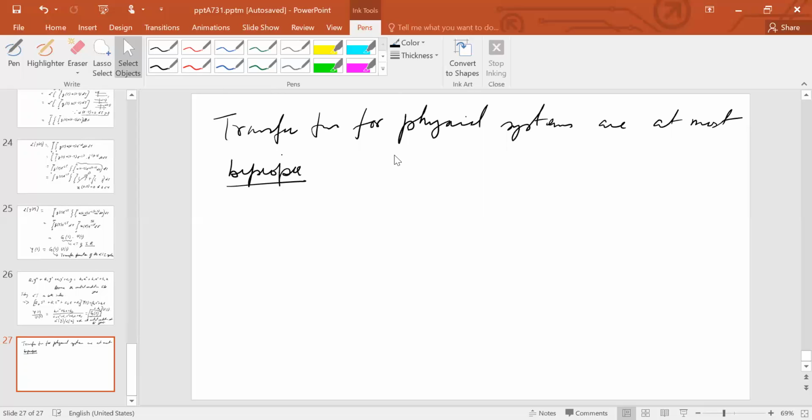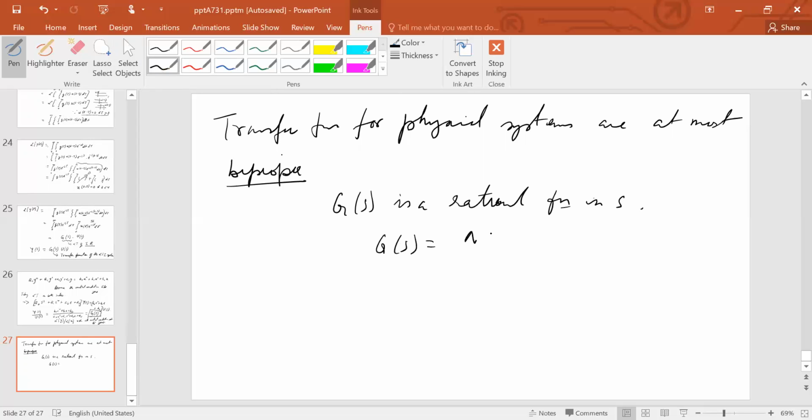So it's a rational function. G(s) is a rational function in s, given by G(s) equals N(s) over D(s), where N(s) and D(s) are both polynomials in the variable s.